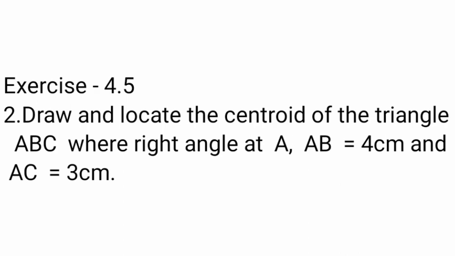Take your protractor, measure 90 degree at A, the center is A. Then we draw AC 3 centimeter, taking the measurement AC 3 centimeter with center at A. Now the arc cuts the perpendicular at point C. Therefore this is the required triangle ABC.